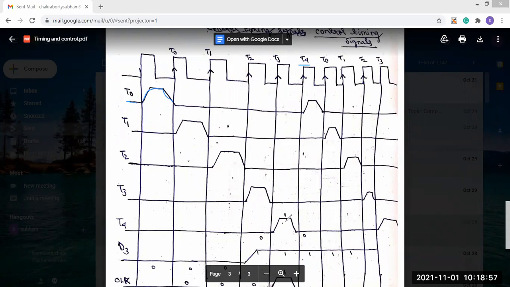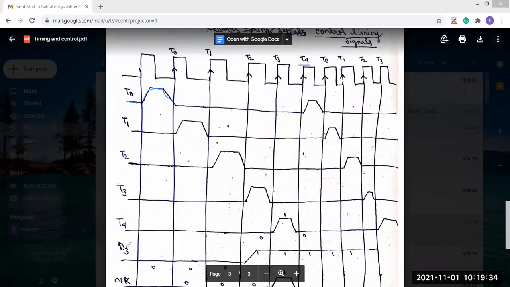So after the T4 timing signal, the sequence counter is set to 0. That means from next it will start again from T0, T1, because the sequence counter generated the clear operation. And at that time the D3 output signal is generated.